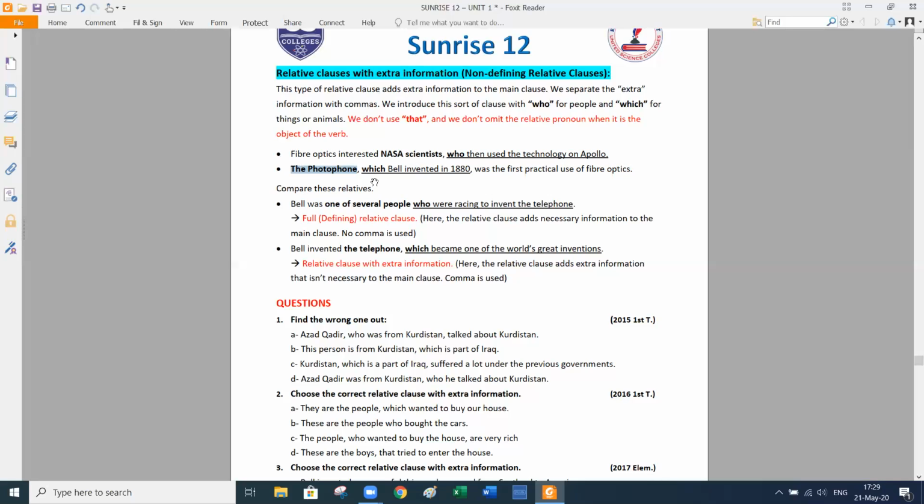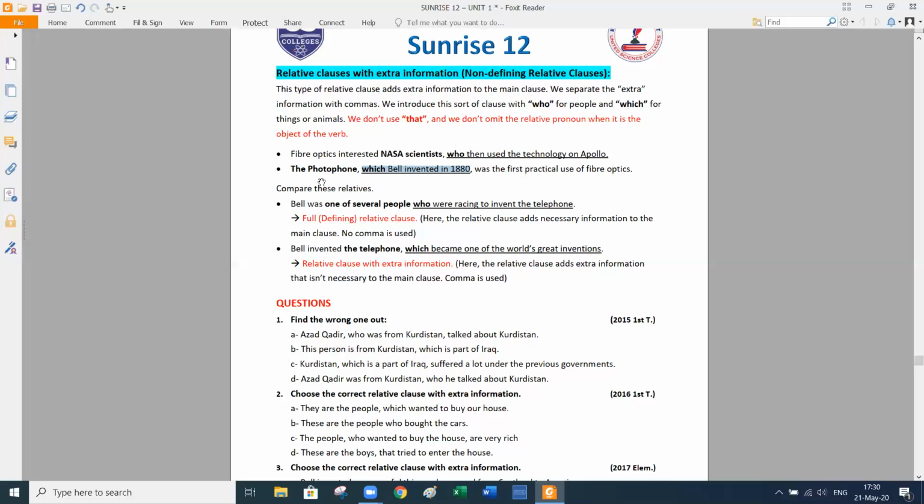So I need to use the relative clause immediately after the noun it is giving information about. So which Bell invented in 1880? Bell invented the photophone in 1880. Which refers to the photophone.